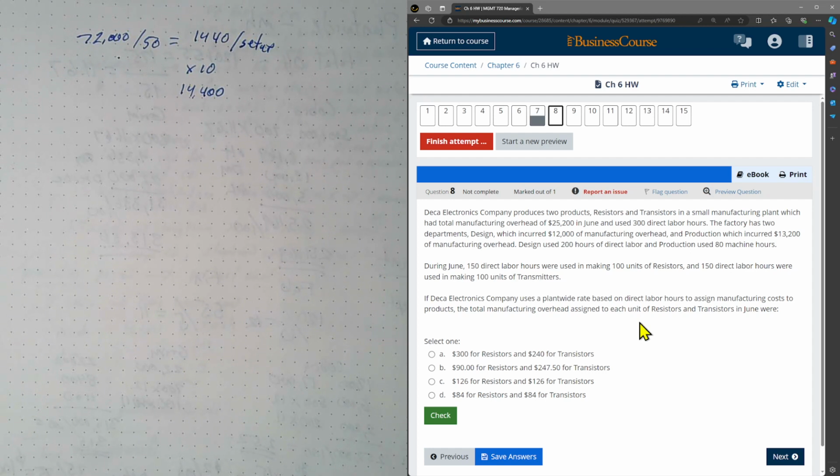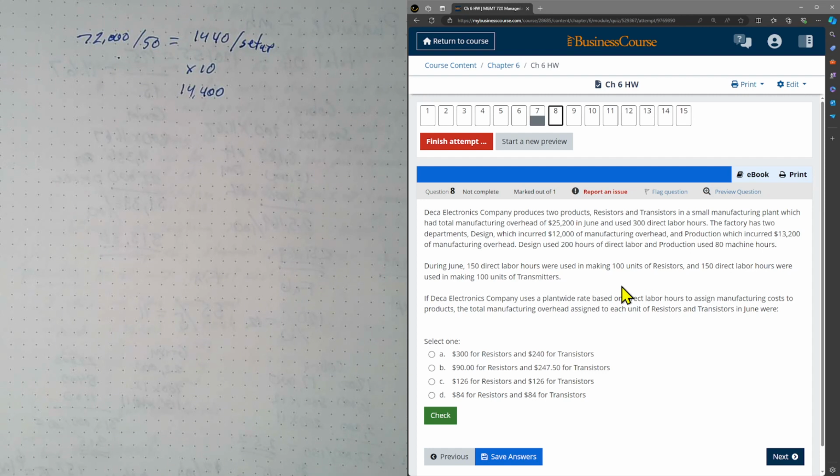The factory has 2 departments, which incurred 12,000 of manufacturing overhead, and the production, which incurred 13,200. Now notice though that the 12,000 and the 13,200 are the total overhead. All we've done is split it up between 2 departments. Design used 200 hours of direct labor and production used 80 machine hours. During June, 150 direct labor hours were used in making resistors.